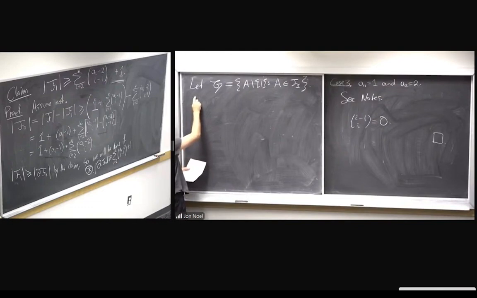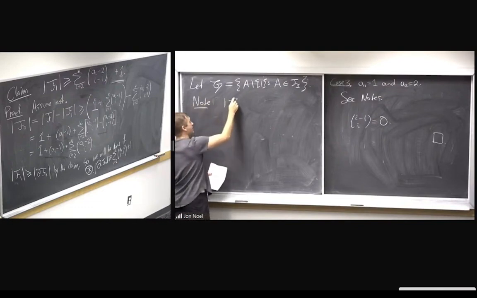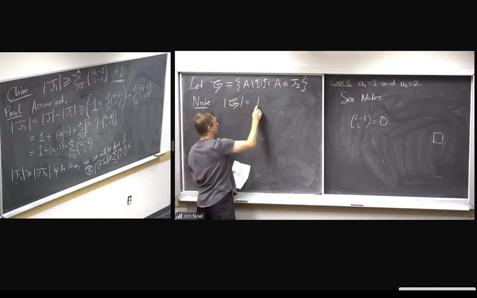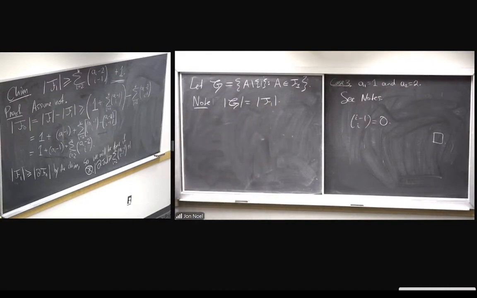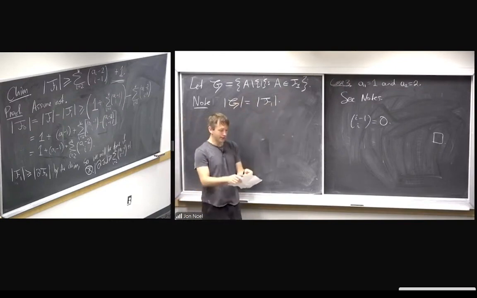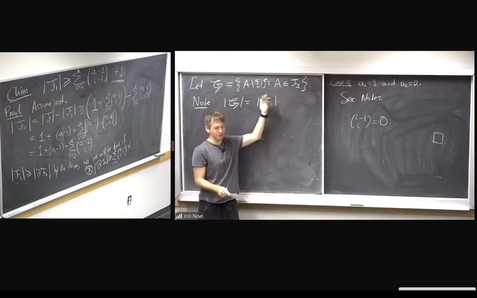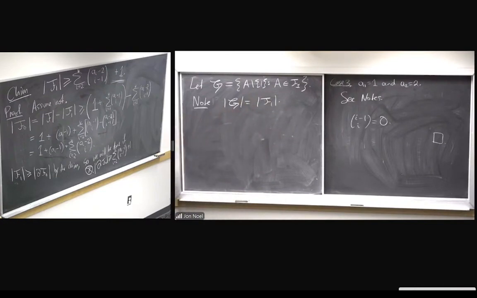So note that the size of G is exactly the same as the size of F1. It's because there's a simple bijection between them. I could take two sets in F1, delete one from them and get the same set, because they all have one in them. So one doesn't really distinguish two sets in there.